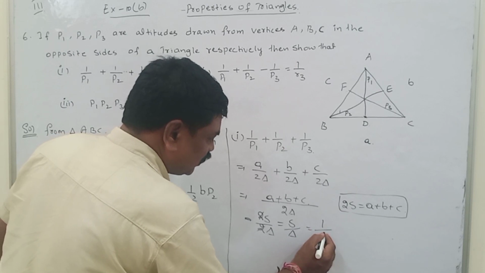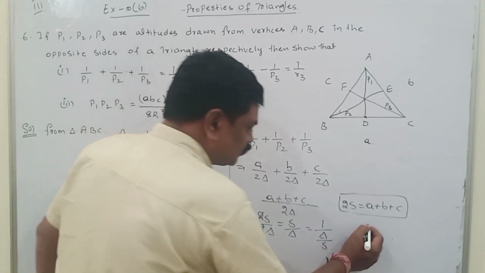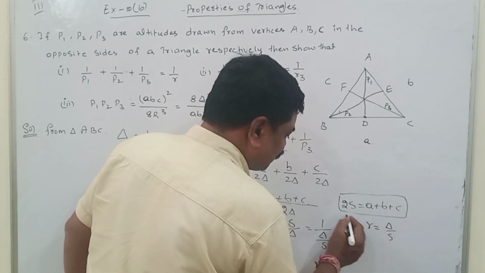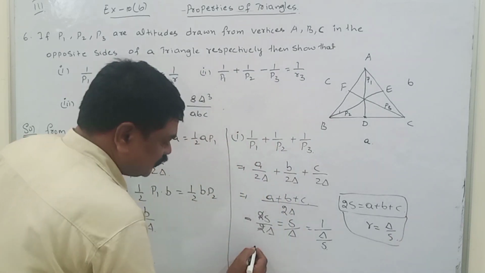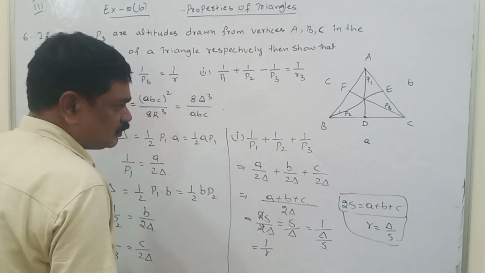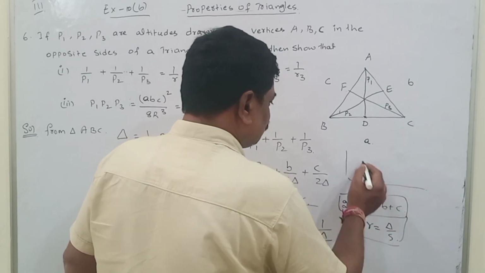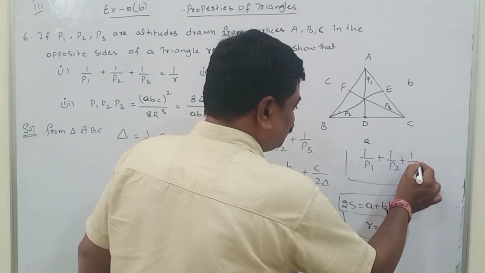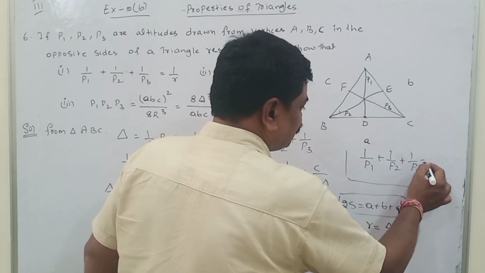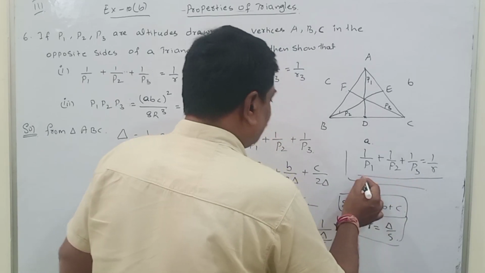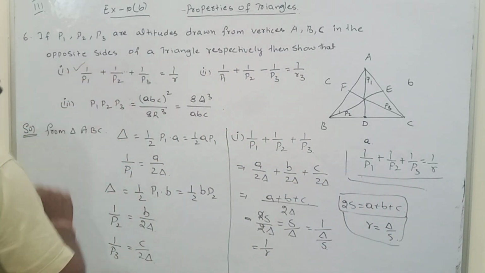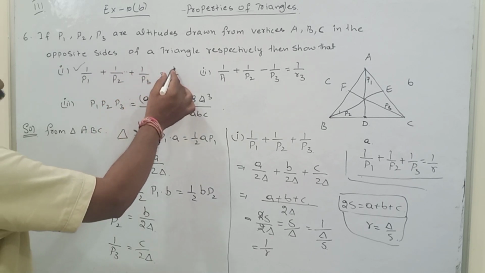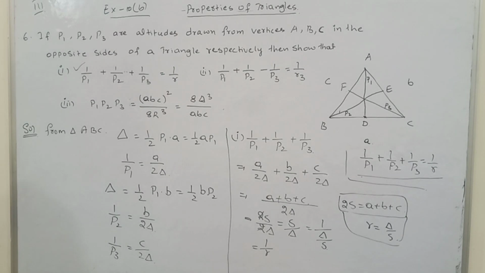This can be written as 1 by delta by S. We know that R is equal to delta by S. So this can be written as 1 by R. Therefore, 1 by P1 plus 1 by P2 plus 1 by P3 is equal to 1 by R. This is the first problem.